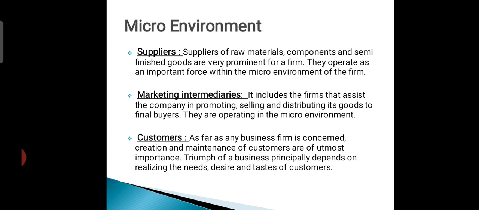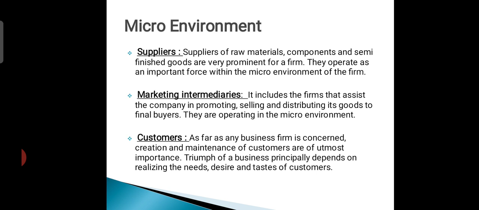The management or the organization should analyze the taste and preference of consumers, and at the same time what they need, when they need it, and how they need it. All these factors should be considered by the management for retaining them in our organization.